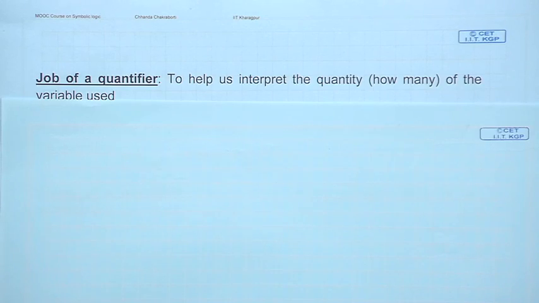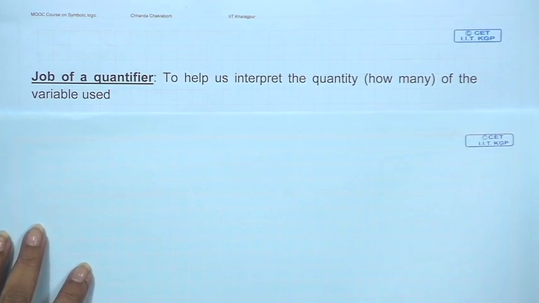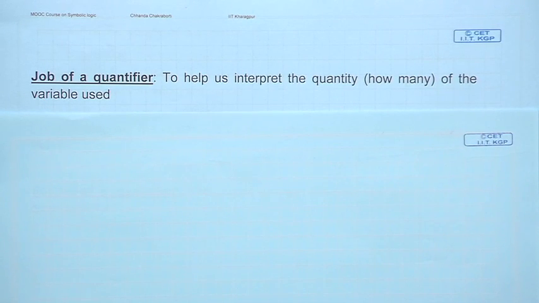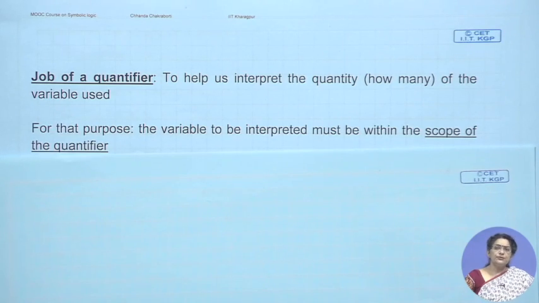See, the job of a quantifier, as I have told you, is to interpret how many of the variable used. So, you are talking about the quantity of the variable used, but for that purpose the variable that you are using has to be within the scope of the quantifier.